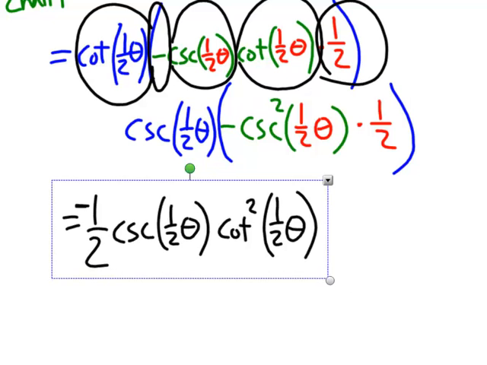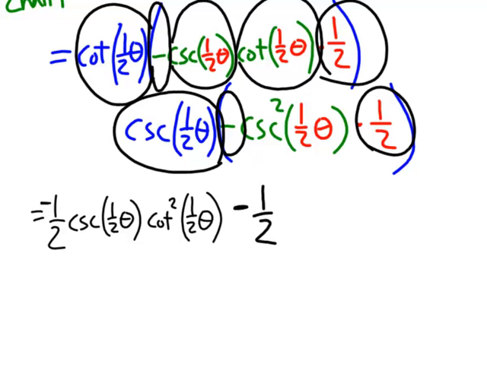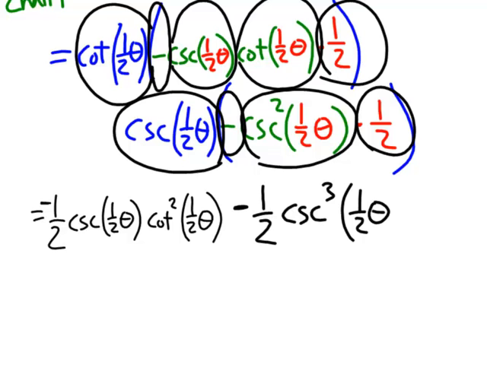All right, let's address the second half of that now. See, once again, we've just got a single 1/2 here and a negative sign. So let's do another minus 1/2. And then we've got cosecant 1/2 theta and then cosecant squared of 1/2 theta. So that's going to give me cosecant cubed of 1/2 theta.